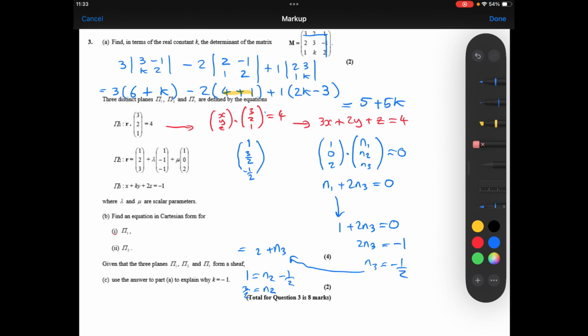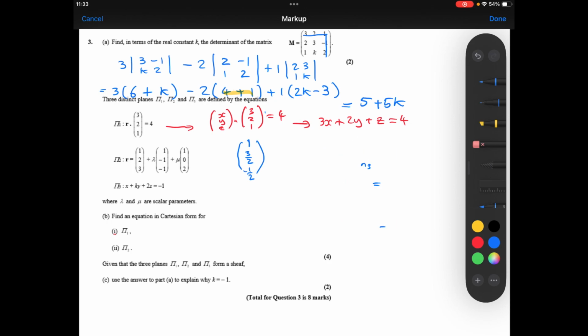Next thing, I'm going to simplify that normal vector because we've got halves everywhere, so I'm going to times that normal vector by 2 to make the numbers a bit nicer to deal with. So we'll rewrite that as 2, 3, minus 1. So that's my normal vector for the second plane.